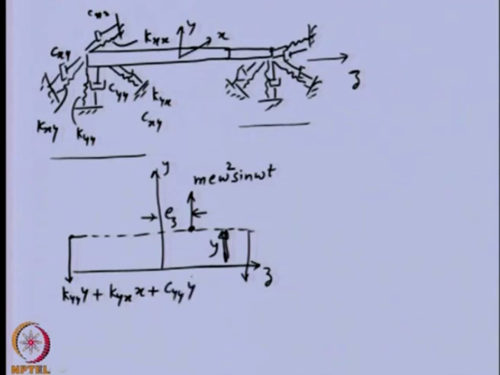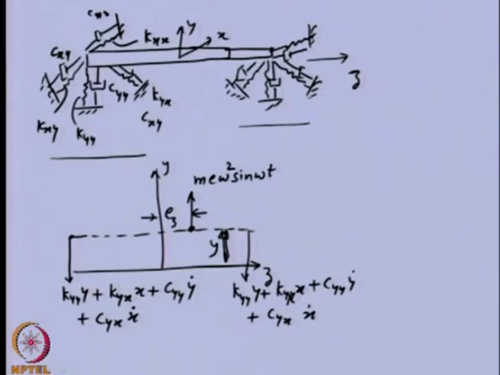Apart from that, we have the damping term also, and the cross coupled term due to the damping. So these are the forces acting at the left hand end. The same force will act at the other end also, because in this particular analysis I am considering the same bearing, due to the damping and stiffness.